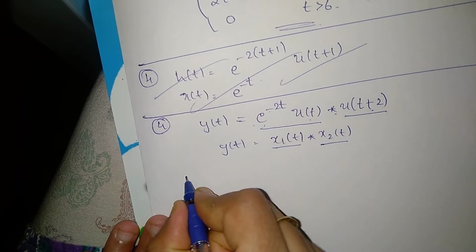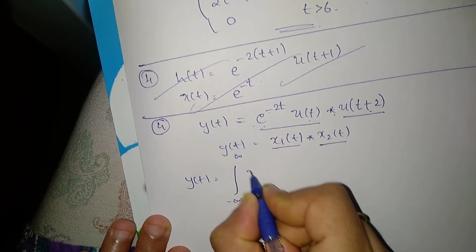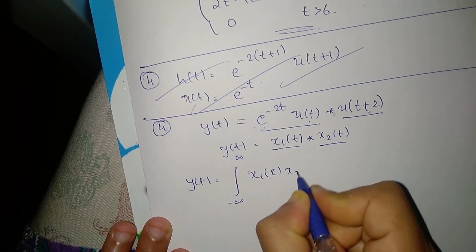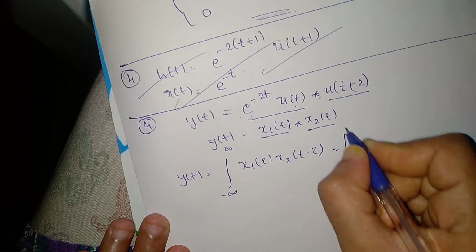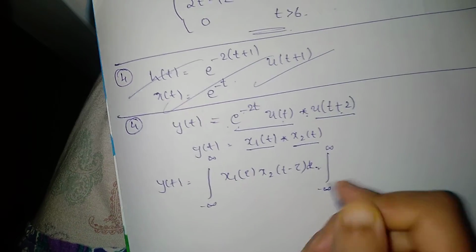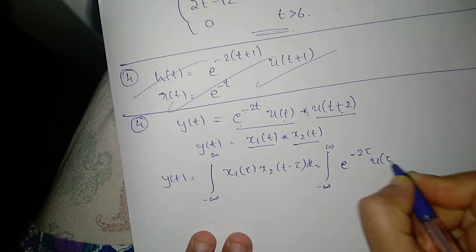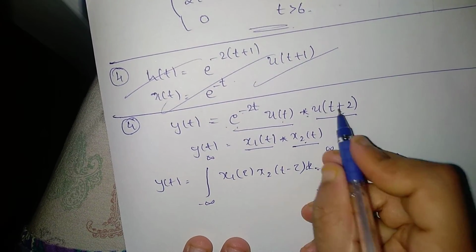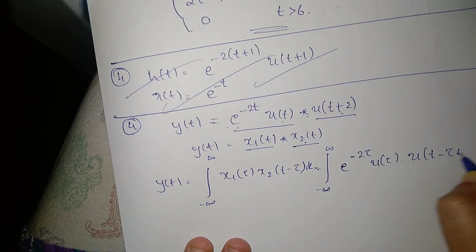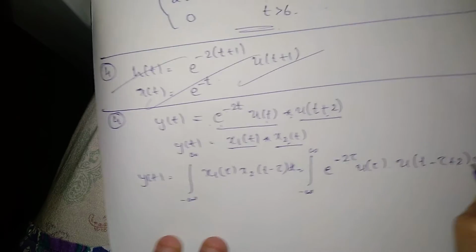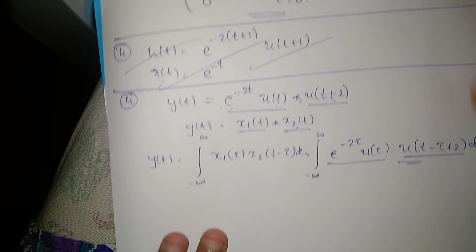So we can expand this integral from minus infinity to infinity, x1 of tau, x2 of t minus tau. If we substitute, x1 of tau means e to the power of minus 2 tau into u of tau, then x2 of t minus tau is u of t minus tau plus 2, into d tau. Now we need to plot these two waveforms.